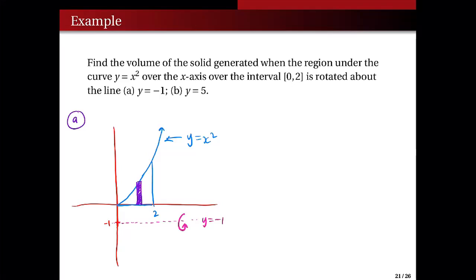If you revolve this, you will have the following washer. Let me use another color. So in here, you will have something like this.